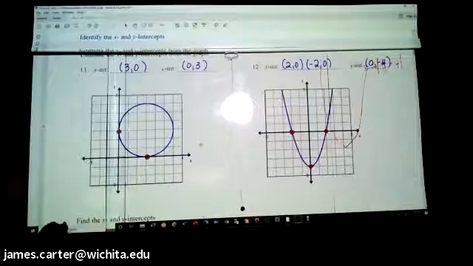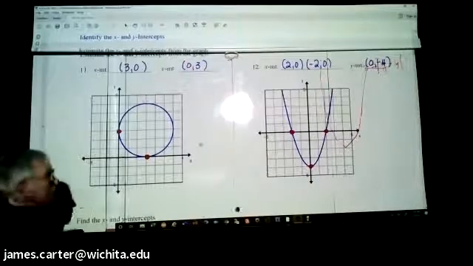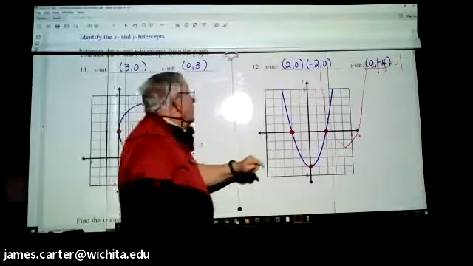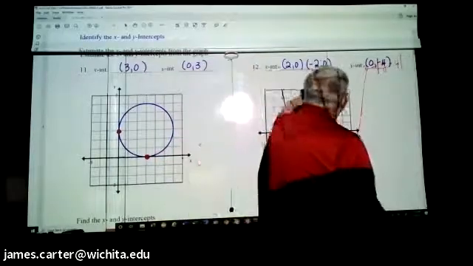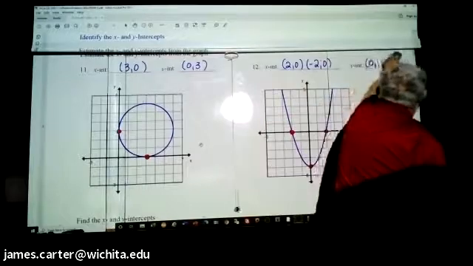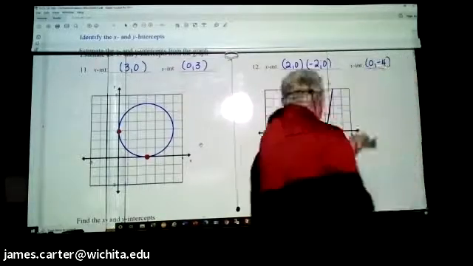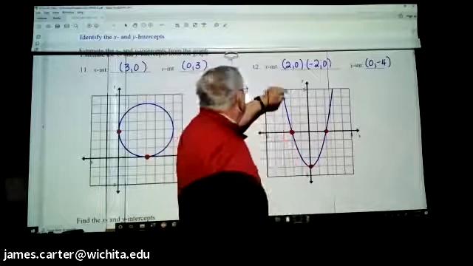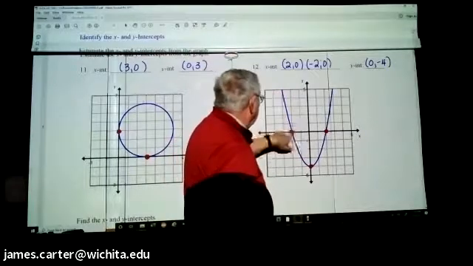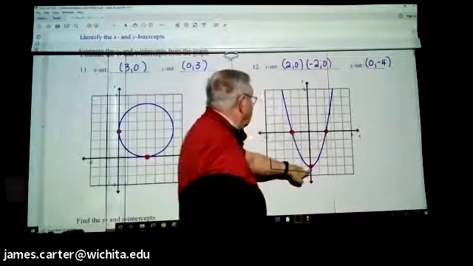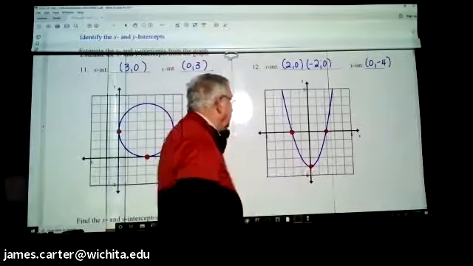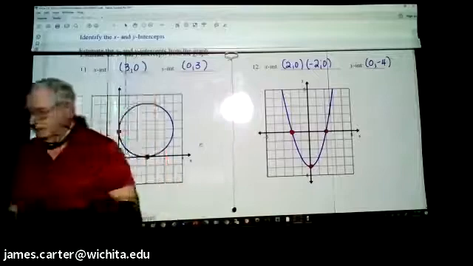I don't think you can see my pointer, so I'm just going to quit trying to use it. Okay, how about I erase my scribbles? On this one, the x-intercept, you have a pair of them. The y-intercept, there's only one.